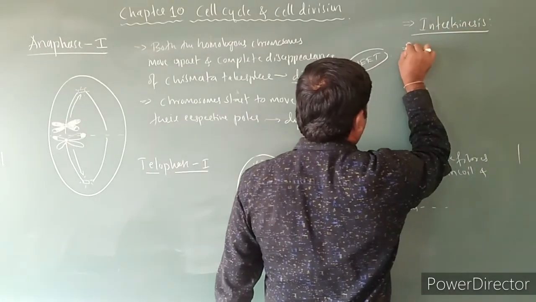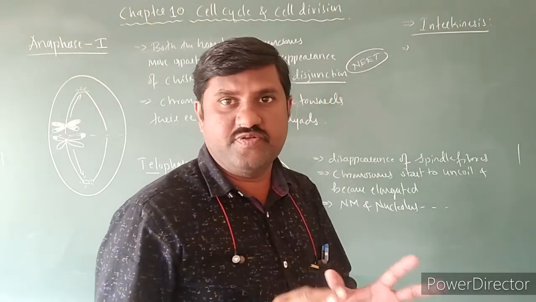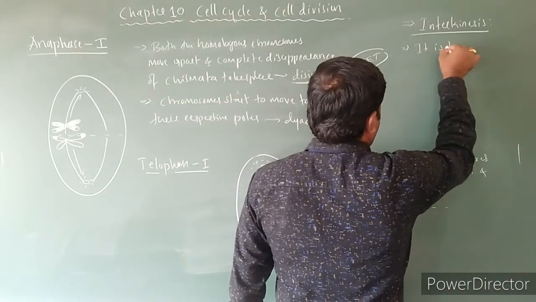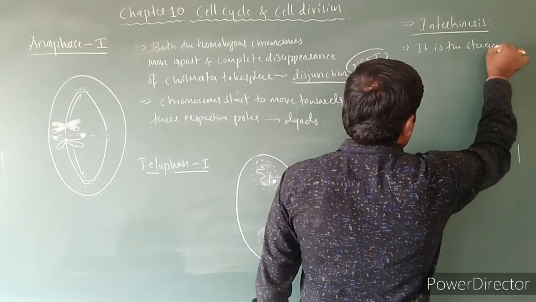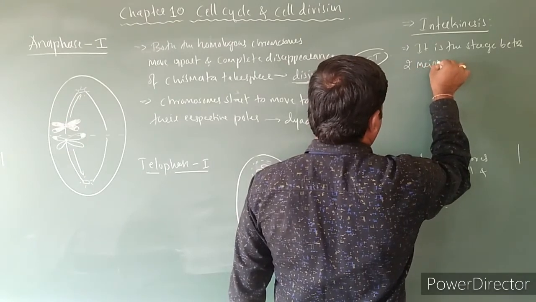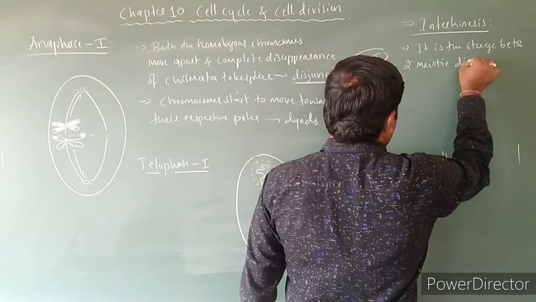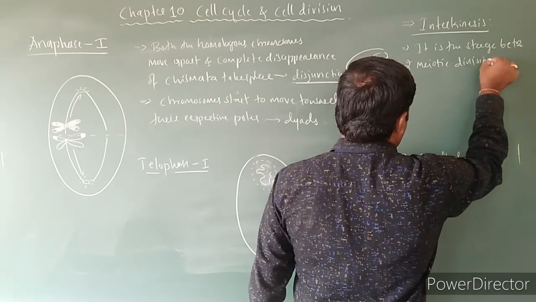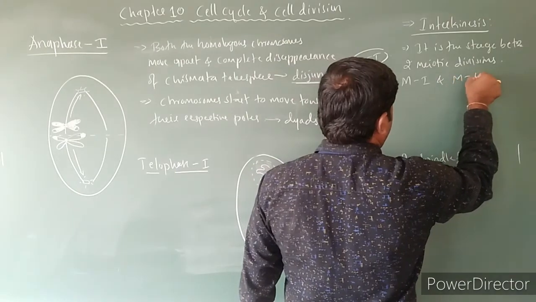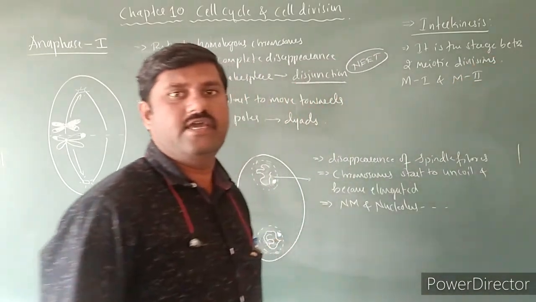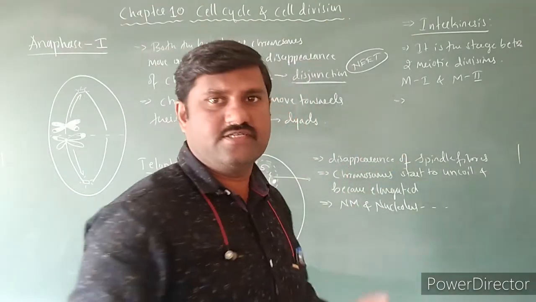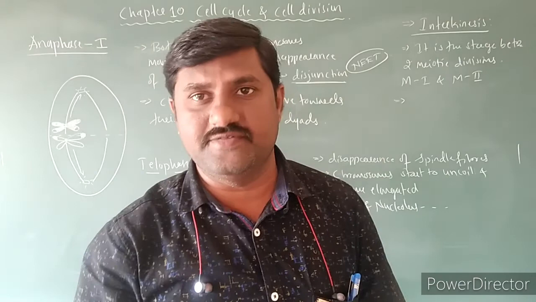What is interkinesis? It is the stage between two meiotic divisions. Divisions means meiosis 1 as well as meiosis 2. There is an interkinesis that occurs in between the two meiotic divisions.